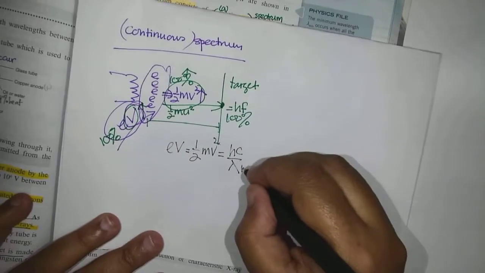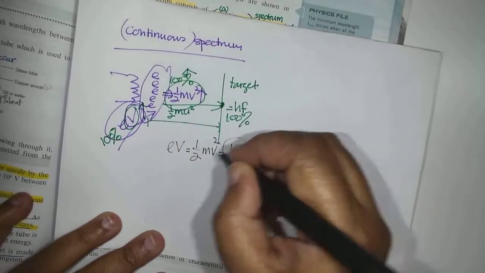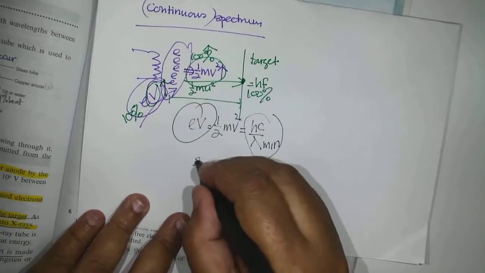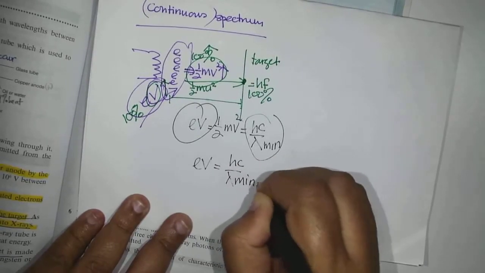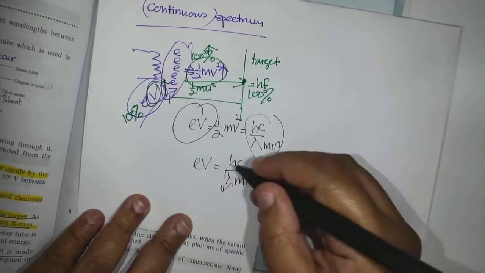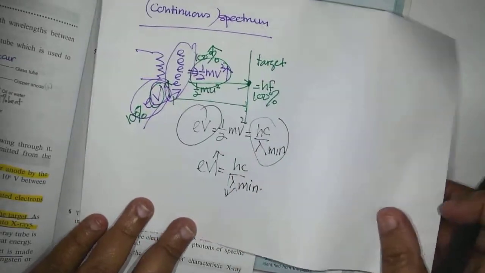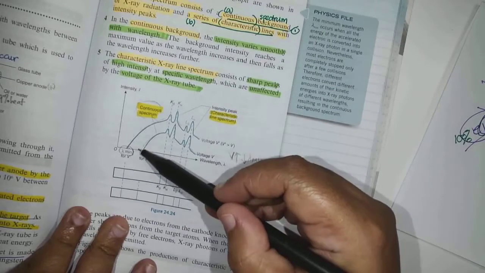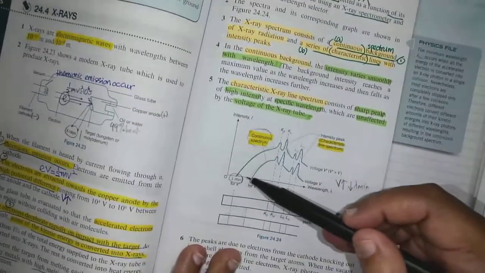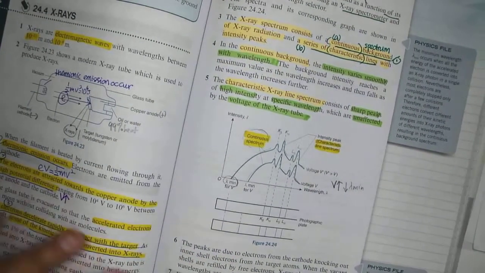Lambda is minimum. You take this relationship, eV equals hc over lambda min. If lambda min decreases, V increases. That's why you see that when V is increased, lambda min decreases.